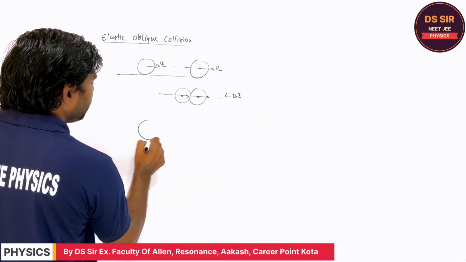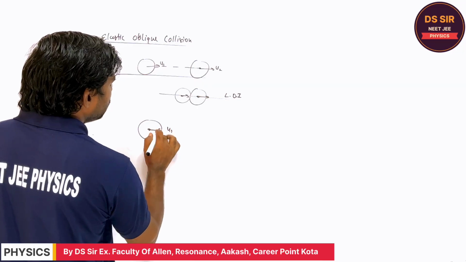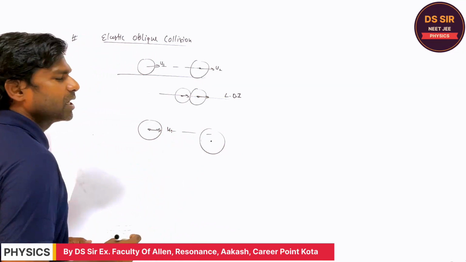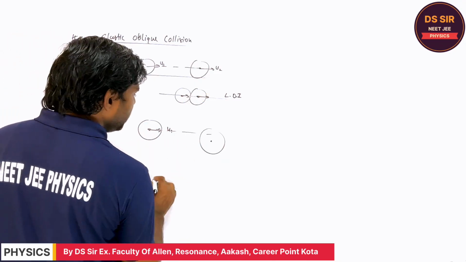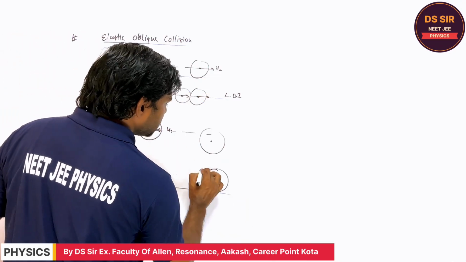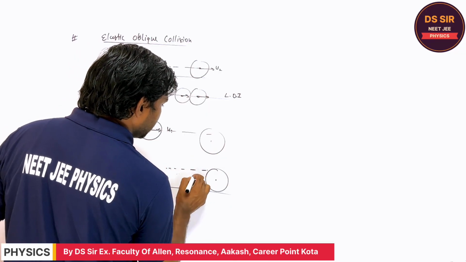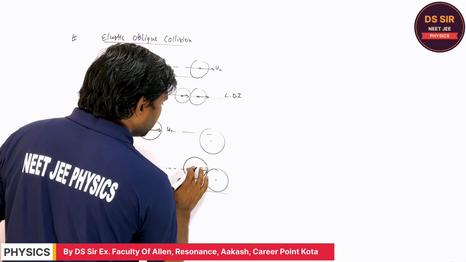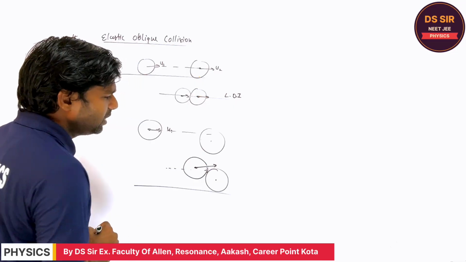But sometimes what happens, if this is the u1 velocity, it is moving like this, and the other mass is placed like this. So this is m1, suppose this is m2. When they hit, suppose it is at rest and the velocity is like this, so the other ball is coming in this way. Are you getting or not? Is it clear or not?